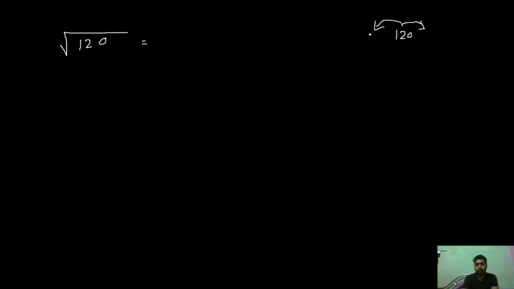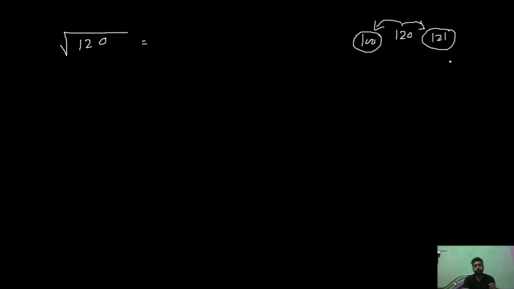There are two numbers: 100 is a perfect square number which is nearest to 120 on the left hand side, and the other number is 121. 121 is again a perfect square number, but it lies on the right hand side of 120. But we can see that 121 is closer to 120 than 100.